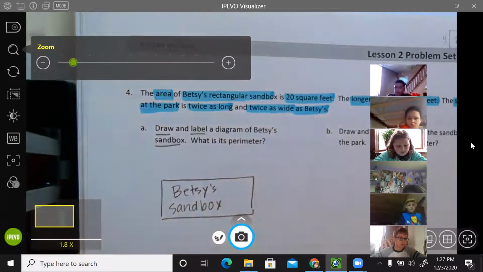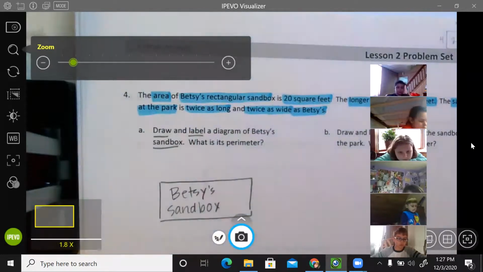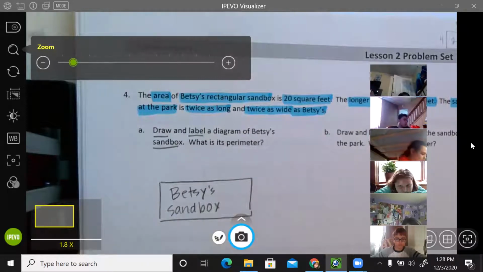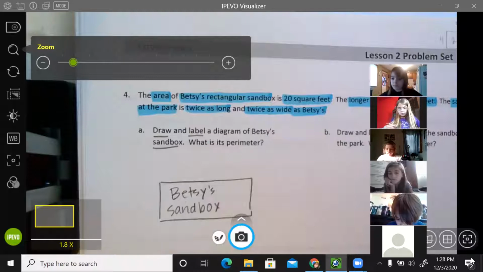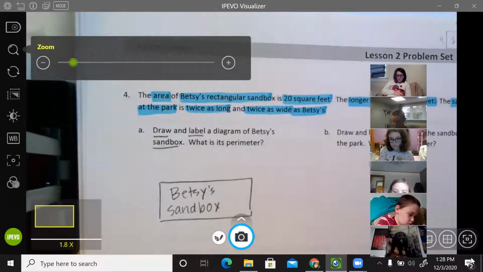I'm ready. Okay, Carter, up in our story, what do we know about Betsy's sandbox? That hers is smaller than the one at the park.